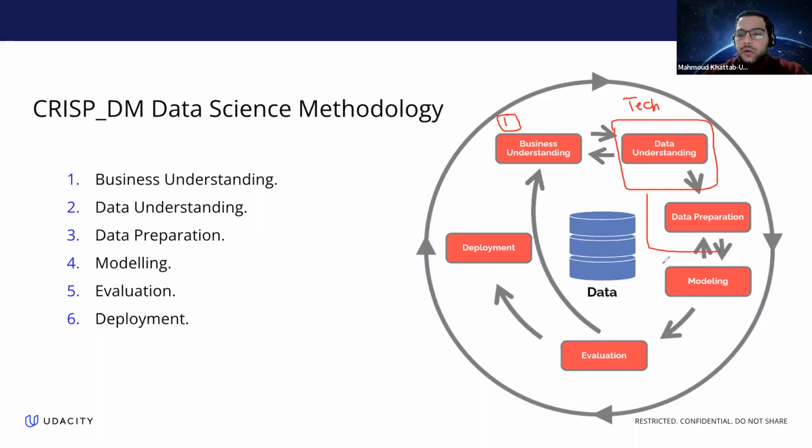After that, we go to the core of our nanodegree, which is the modeling. In modeling we come to the machine learning models, the classical machine learning models, and the deep learning models. But if we don't prepare our data, we are going to have very bad model accuracy, because there is a concept in data science called garbage in, garbage out.